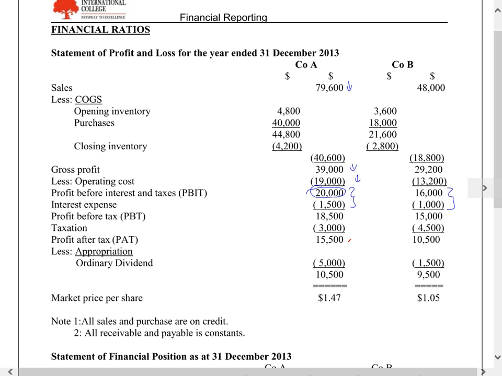If I sell tables and chairs, if my sales drop by half, do you think my cost of sales will also drop by half? Yes. If I sell one table at $10, 2 tables will be $20. If I sell half only, my cost will only be half. Correct? So can I say my gross profit will also be around half? Slightly lesser. Of course, it won't be exactly half. So yes, my profit will drop by half, almost.